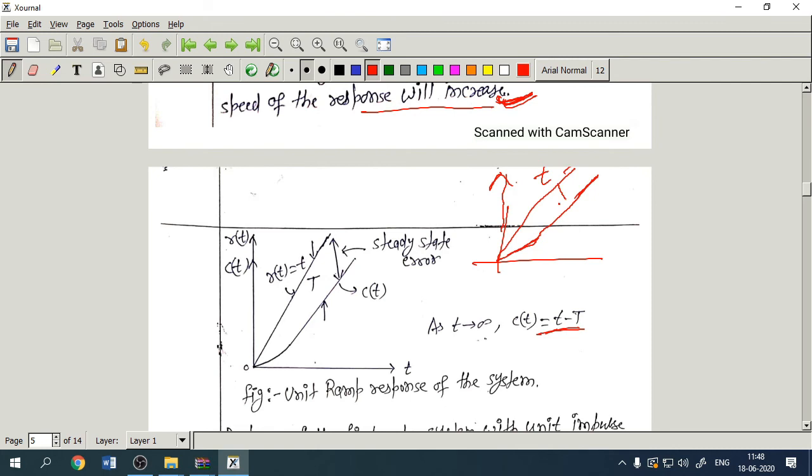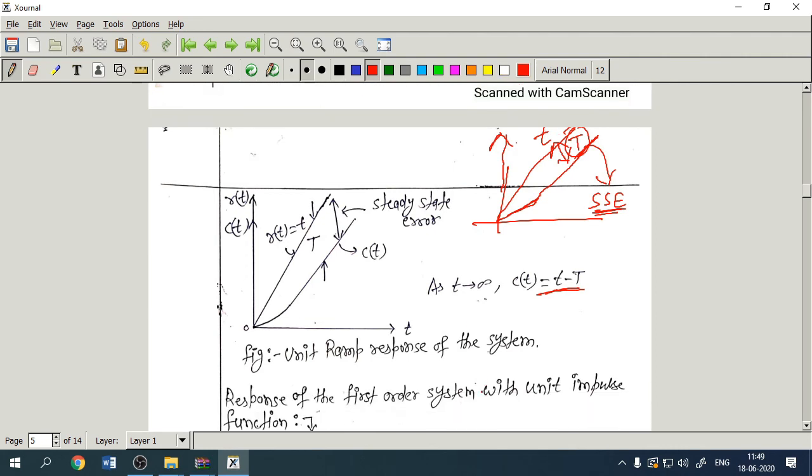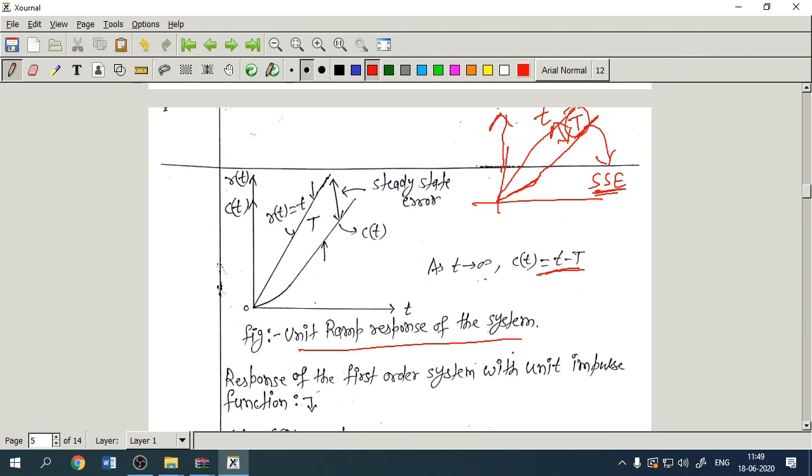That means the difference between the input and output at t equal to infinity is T. Now this T is defined as the steady state error, the difference between the input and the final value, right? This is the ramp response of the system.